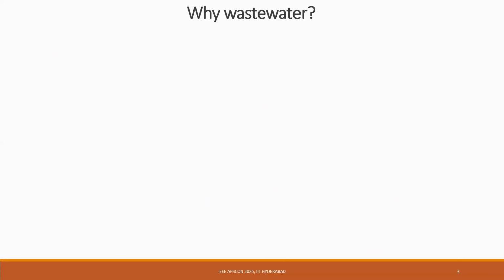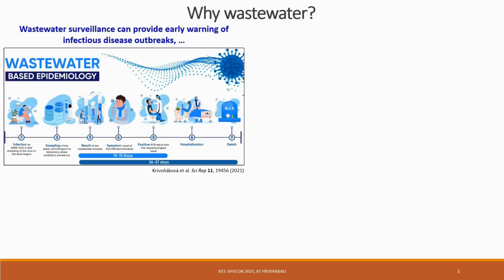So before talking about what we work on, let's just take a minute to understand why this wastewater epidemiology is important and what exactly we are trying to do there. Like I said, we started this in COVID-19. In COVID-19, I think this idea has taken a lot of momentum. There's a lot of people working on this now. But it's an old technique. It has been around for a long time.